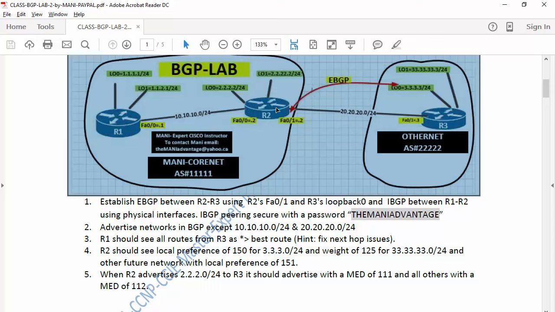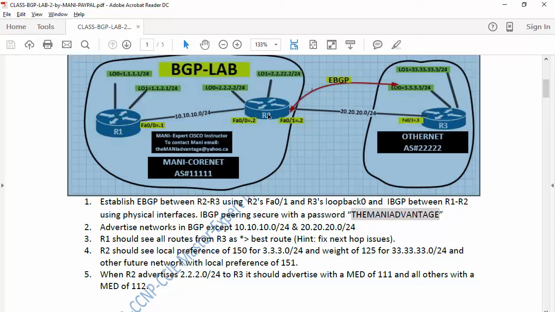So on R2, I'm going to put an inbound route map to achieve that. On R2, I will see both the 150 and 125 local preference and weight. But when it goes to R1, R2 will not send weight information, only local preference. So R1 will see the local preference, but R1 will not see the weight. So we are going to see that.